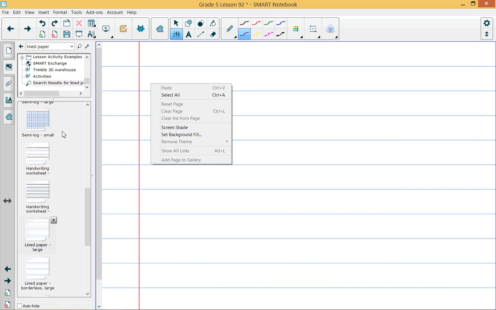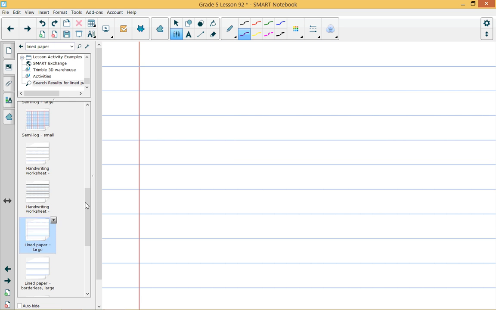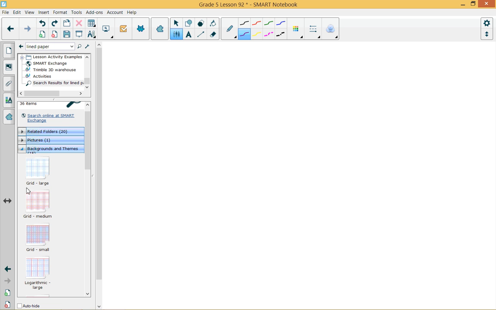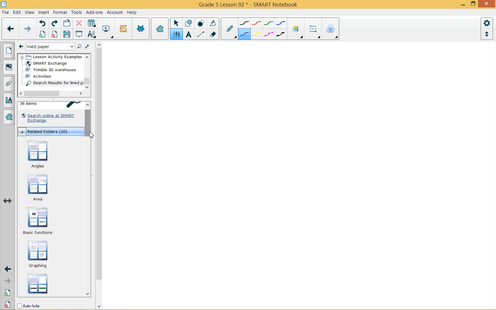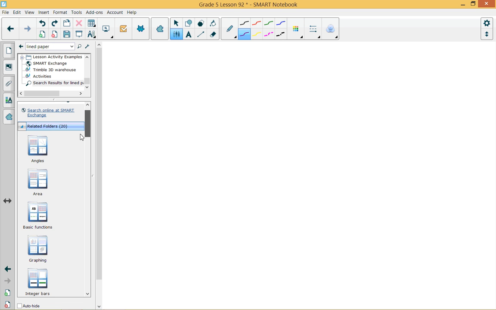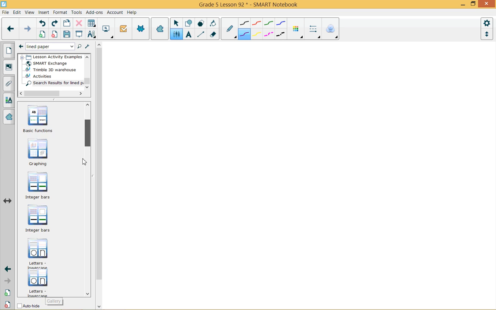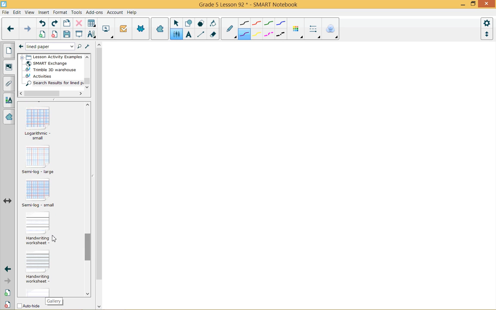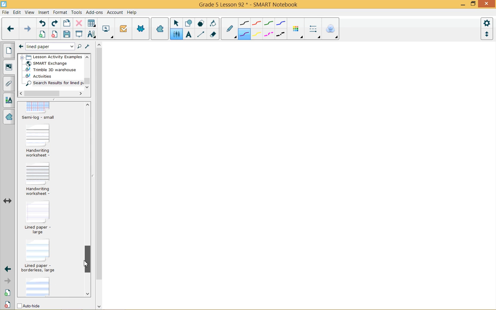I'm going to see if I can find it not in a background because I can't move it if it's a background. Well, I'll just explain it to you then because obviously I don't have it in another thing like that.